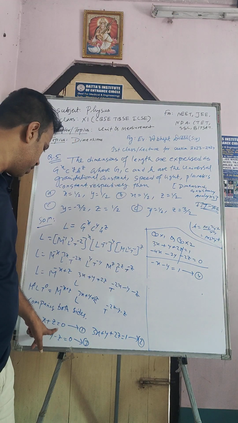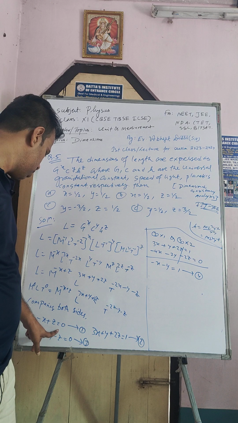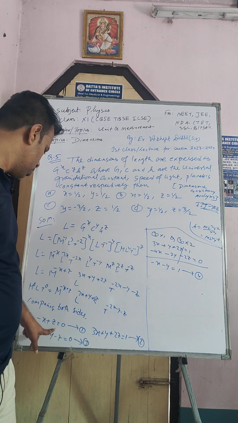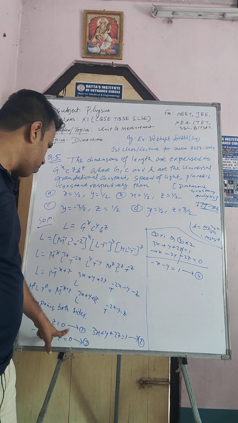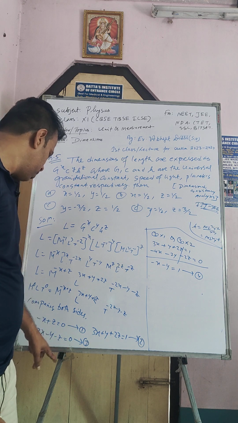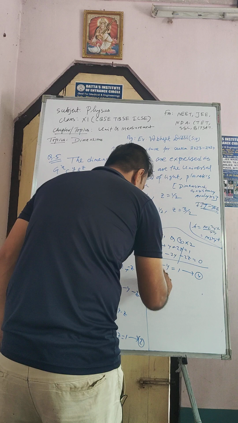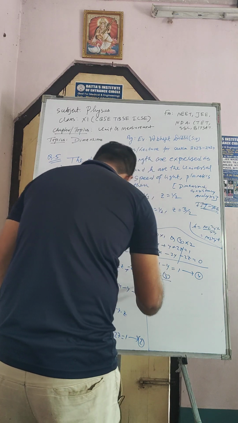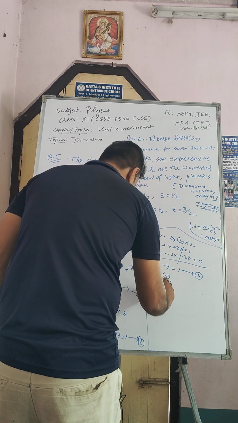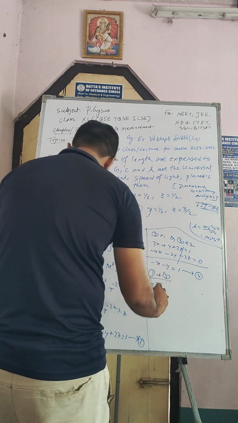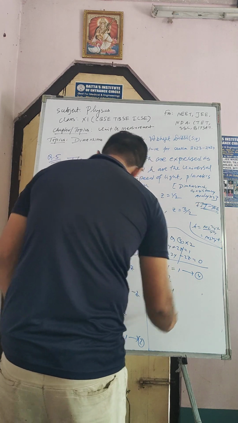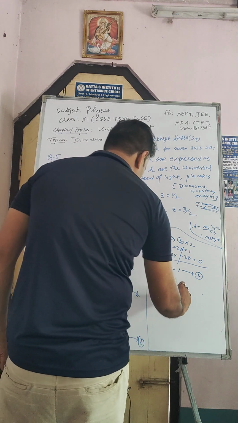If I simply add 1 and 3, it will become minus 3x minus y, this will be 0.